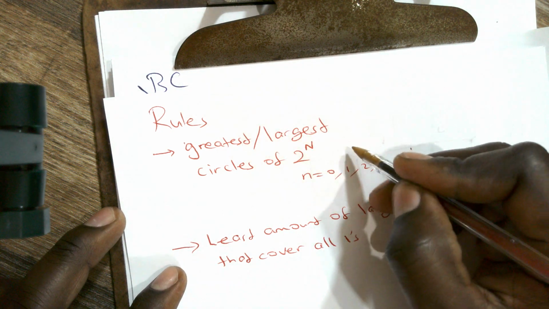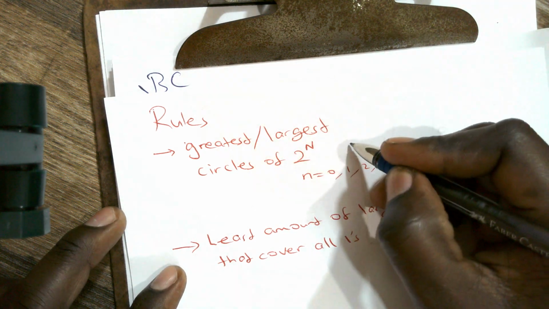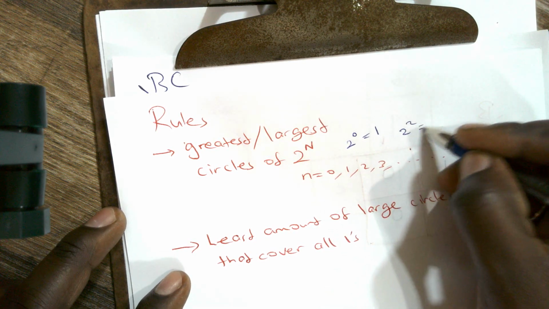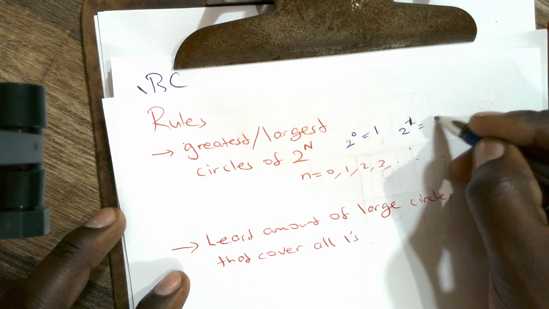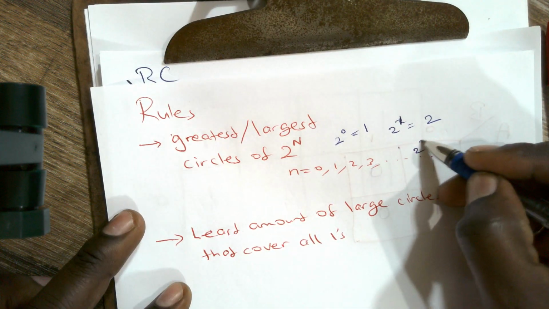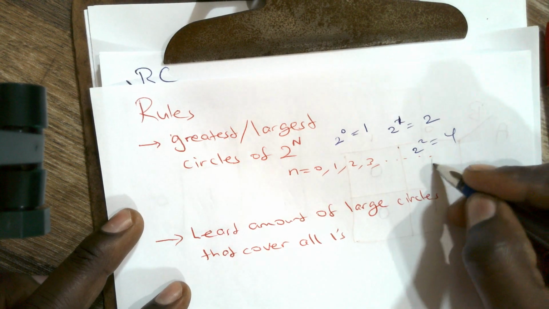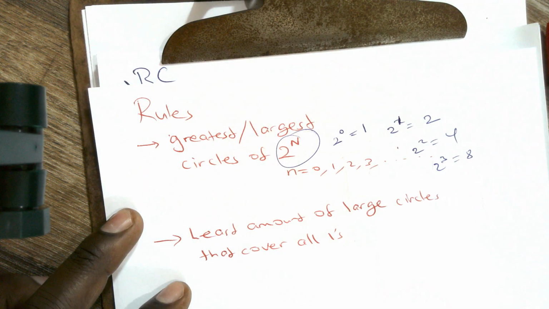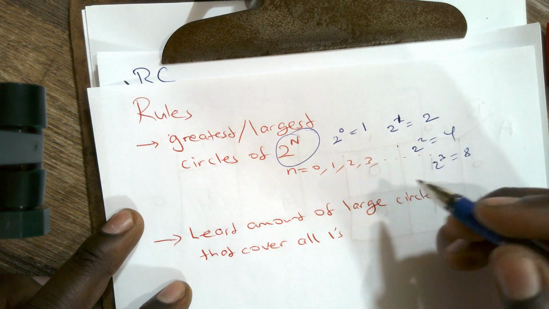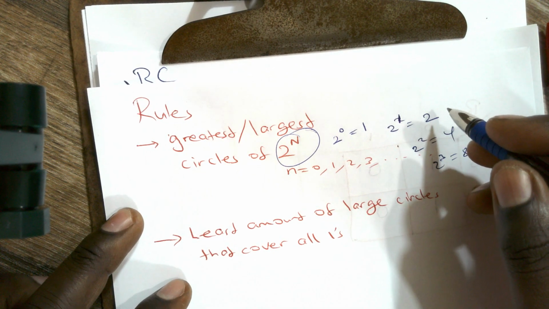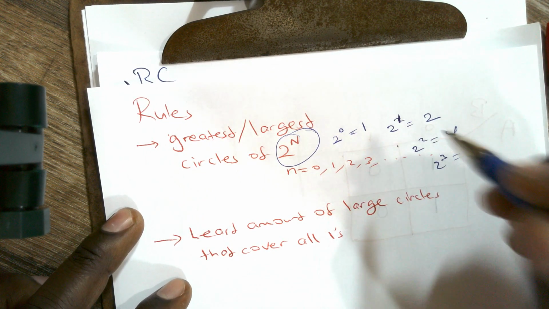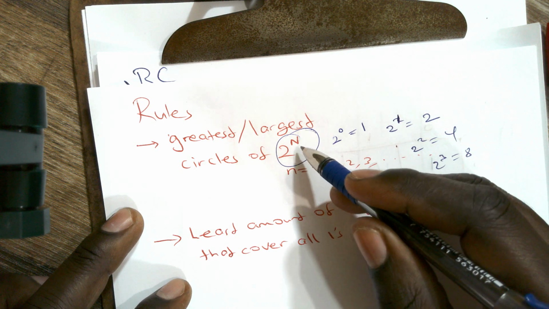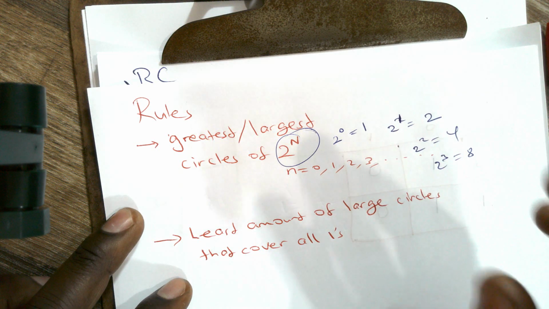That means we can only circle 2 to the 0, which is 1 one, 2 to the 1, which is 2 ones, 2 to the 2, which is 4 ones, 2 to the 3, which is 8 ones, and so on. Our goal is to circle the largest groups of ones that we can find in the Karnaugh Map in powers of 2 to the n. So that's the first rule.